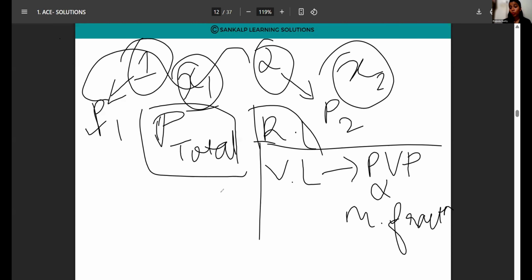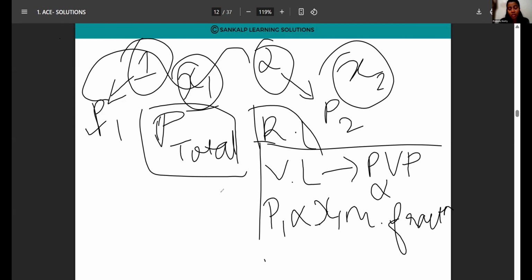As per this definition, what do you understand? Partial vapor pressure of each component. Let us take P1. P1 is directly proportional to its mole fraction. Its mole fraction in the sense we are taking the first component, so it is X1. P1 is directly proportional to X1. Then when you remove the proportionality symbol, you have to replace it with some constant.